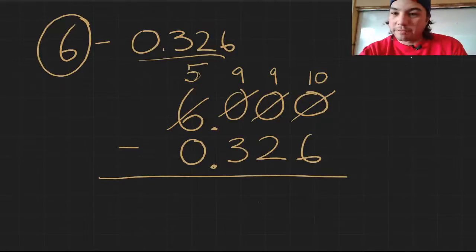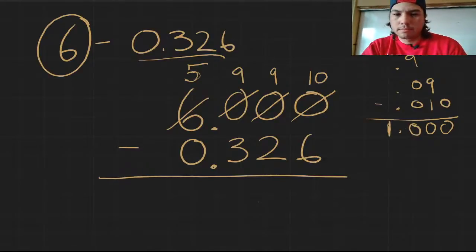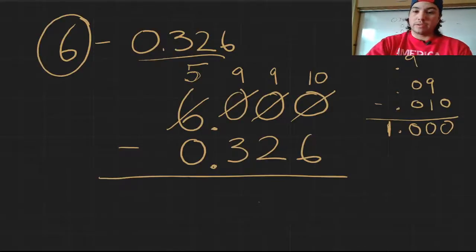And I can prove it. 9 tenths plus 9 hundredths plus 10 thousandths equals 0, 0, carry the 1 up, 0, carry the 1, equals 1. So we haven't changed any value there.